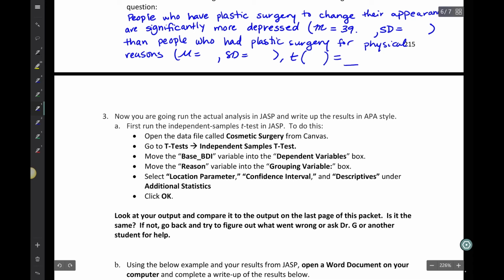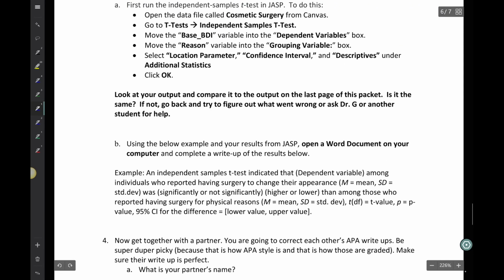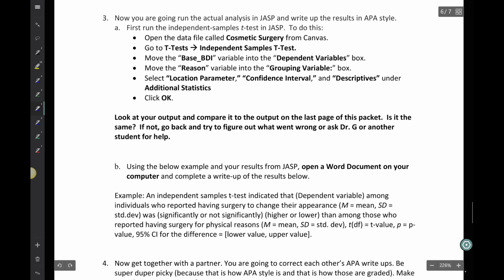The T value itself, this T that's reported in your output, goes here, comma, and then you put the P value. In this case, we're just going to write it exactly as JASP has it, less than 0.001. So you can go ahead and practice putting this all together and then doing the write-up.